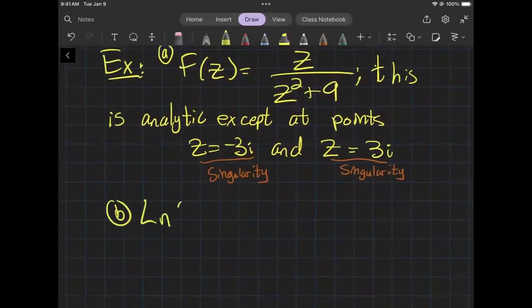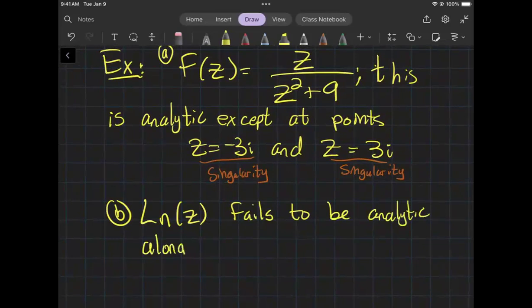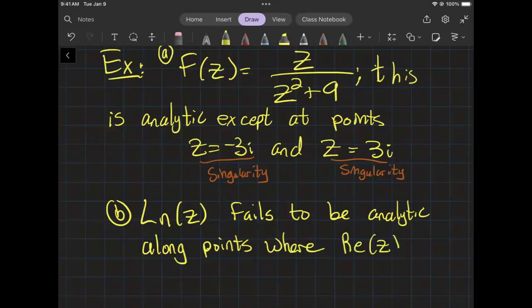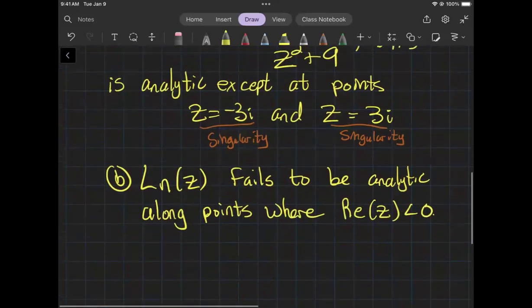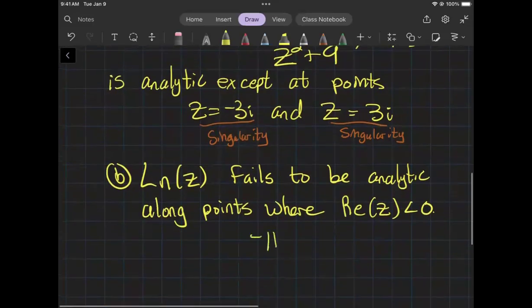Another function that we have seen in previous videos is the principal logarithm. The principal logarithm of z also fails to be analytic along points where the real part of z is negative, right? That referred to the principal branch cut of the natural logarithm.